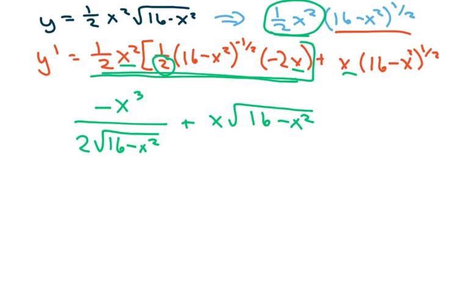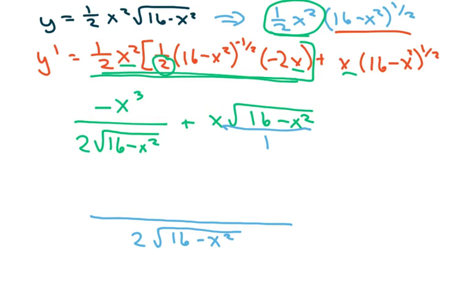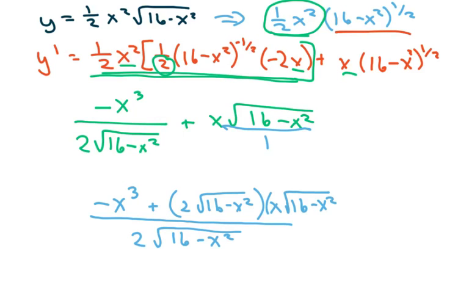Now to get the common denominator, we want the common denominator to be 2 times the square root of 16 minus x squared. So basically what you're going to do is just cross multiply here, and you get negative x cubed plus 2 times the square root of 16 minus x squared times x times the square root of 16 minus x squared.